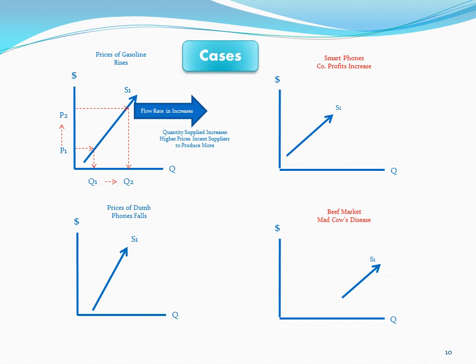Okay, so we have below that the price of dumb phones falls. Well, the opposite of smartphones. And we're not looking at why this happens. I'm just giving this to you as a fact.